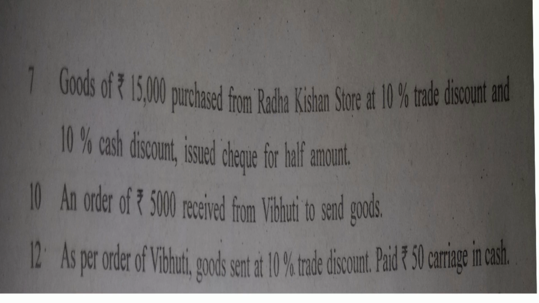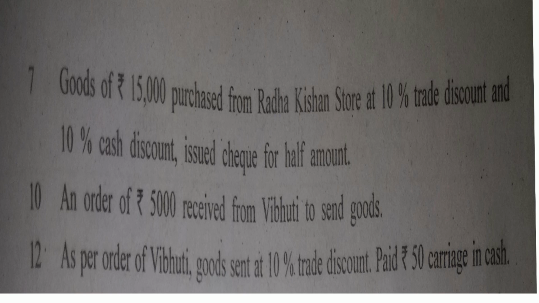And you can also write the journal entry like Vibhuti account debit 4,500, carriage account debit 50, to sales account 4,500, to cash account 50. You can write two separate journal entries, you can write down one combined entry even. The concept of combined entry we have learned in the second illustration itself of this chapter. Yes?